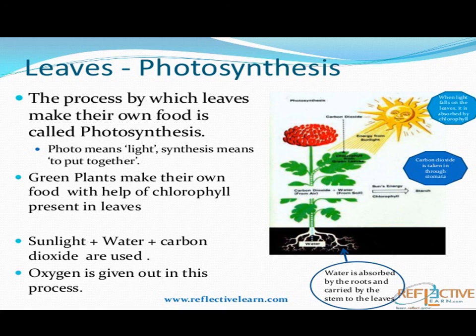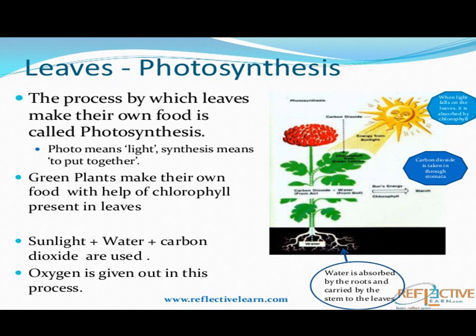So all these materials are taken up by the plant's leaf, and then chlorophyll is also present there. So all the four things come together there and start the process of making food, that is our photosynthesis.